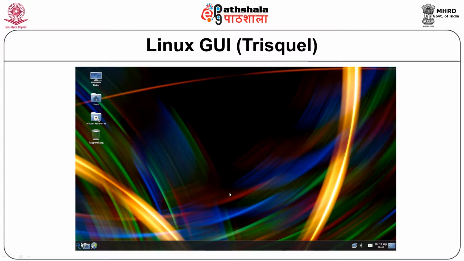Over here we see a start button at the bottom. It is at the left bottom area, and when we click over the start button, it will launch all the applications menu. There is a recycle bin, there is a my computer icon, and there are configuration icons for network and so on. They are at the bottom right corner.